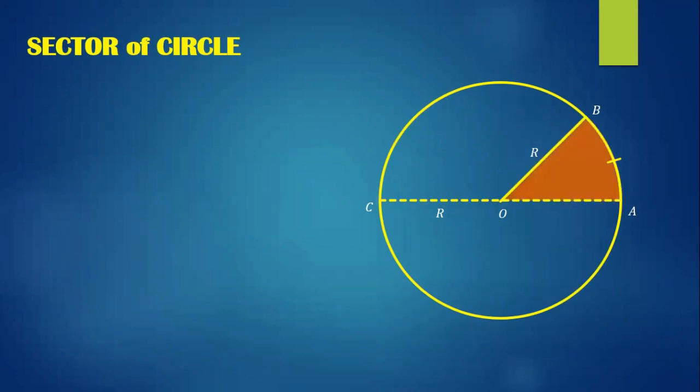This sector is covered by two radii, OA and OB, and arc AB. Sector OAB is with respect to angle theta.